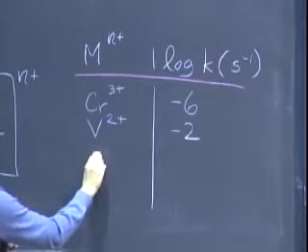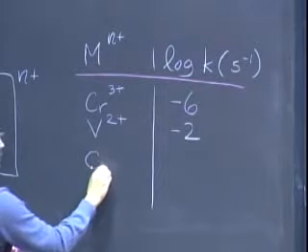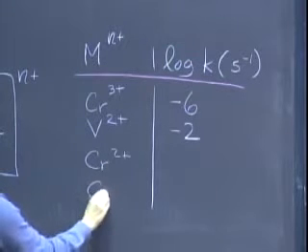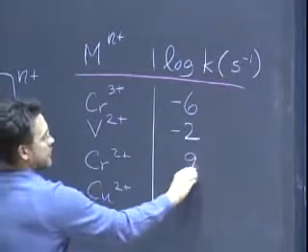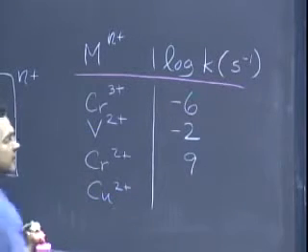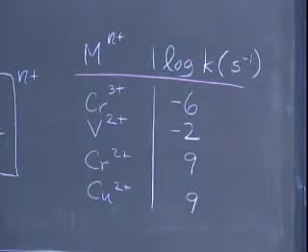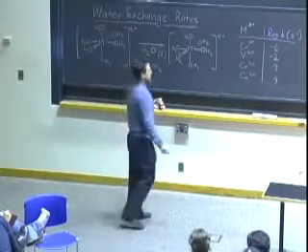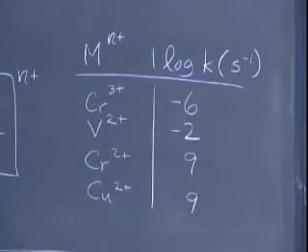And then if we look at some of the other d ions that are possible here, we could have chromium 2+ or copper 2+, and for both of those, the log of the rate constant is 9. So you can see, because I'm taking the log of these first order rate constants, the actual rates of these processes differ here by 15 orders of magnitude.